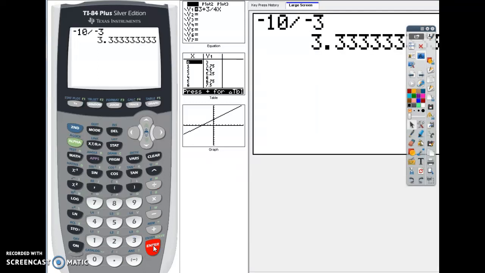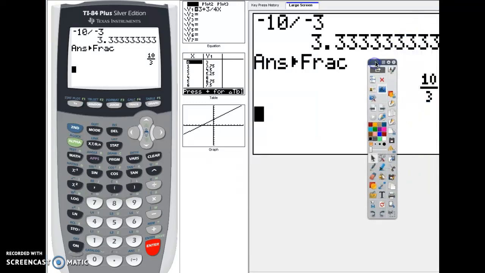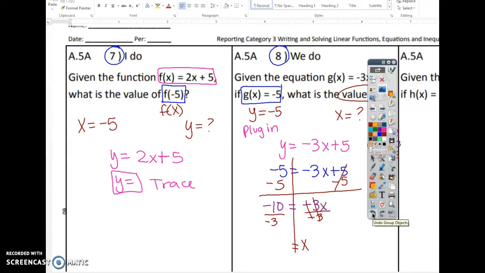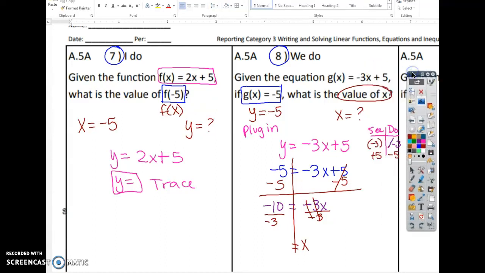It gives you a decimal, math, enter. Gives you the fraction, which is 10 over 3. So that's the answer for number 8. Okay, the answer for number 8 is 10 over 3. That is the x. So when x is 10 over 3, y equals -5.